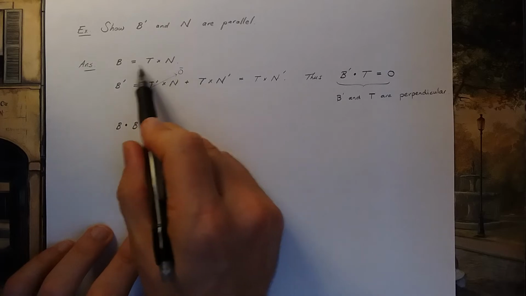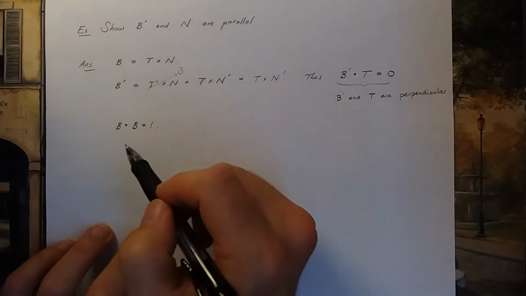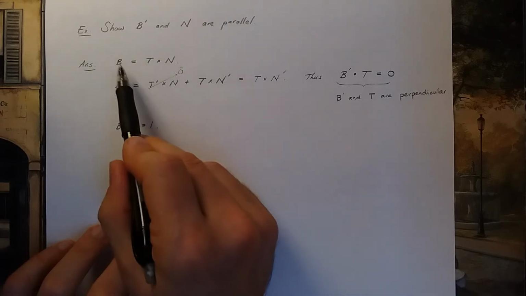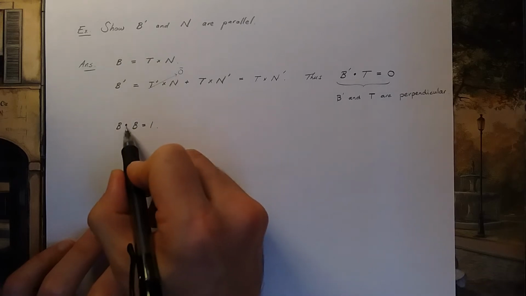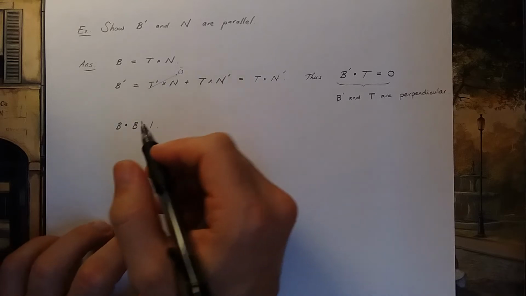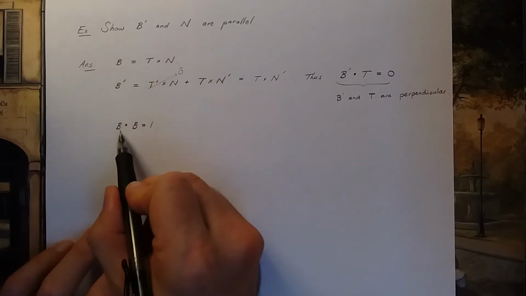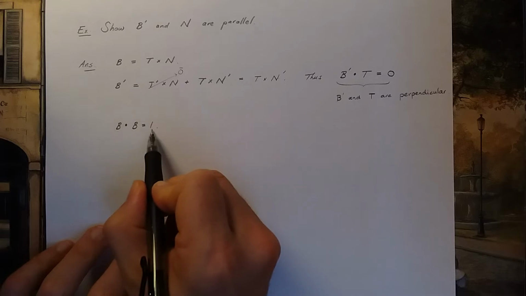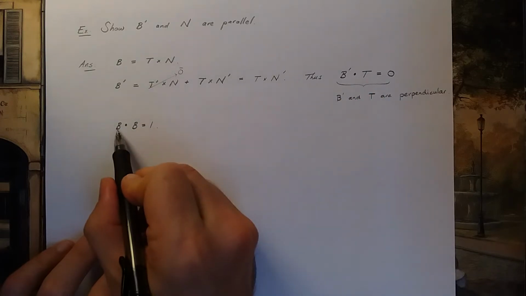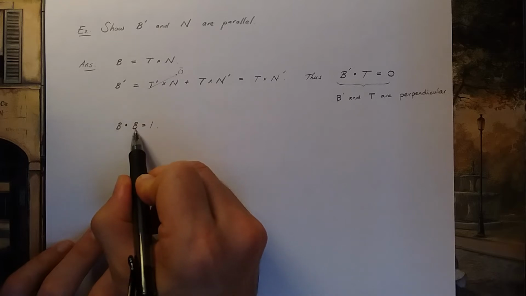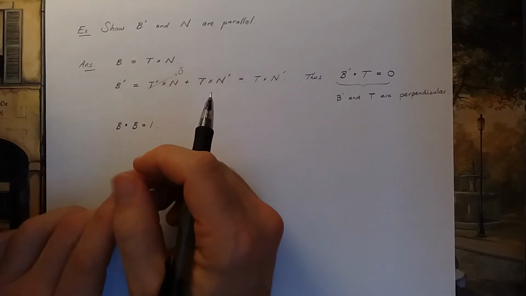So you could prove using properties of the cross product, I believe we did that in an earlier video, that the length of the unit binormal vector is 1. And when you do the dot product of a vector with itself, you get the length squared. So again, the reason that this is true is because b is a vector of length 1. And when you do b dot b, you get the magnitude of b squared.